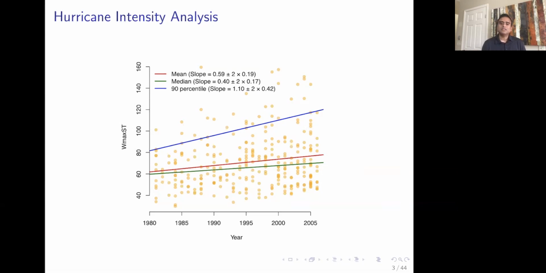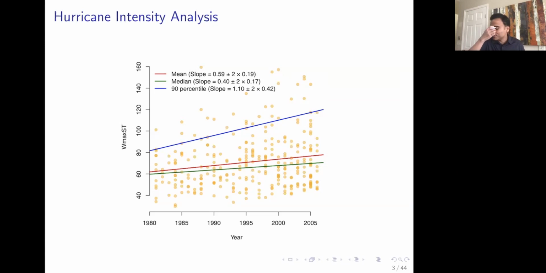But once you have done the median regression, you realize that you don't have to stay put there, because if you're interested in tropical cyclones or extreme weather events like this, you are more interested in the stronger side of that distribution. So instead of looking at the median line, I could think about the 90th percentile of the storm strength distribution. I'll look at the 90th percentile and try to assess whether it has been shifting upward with time.